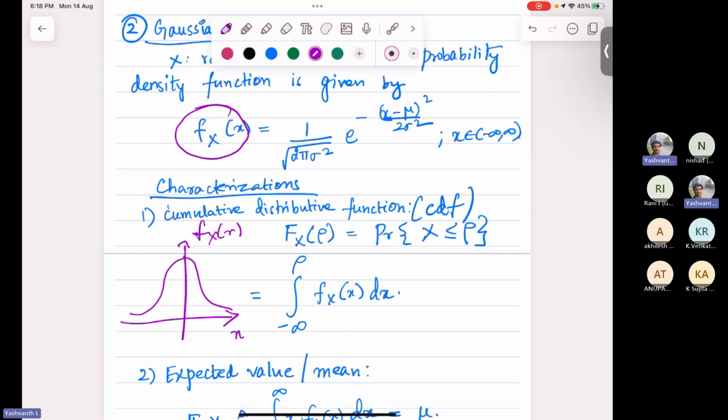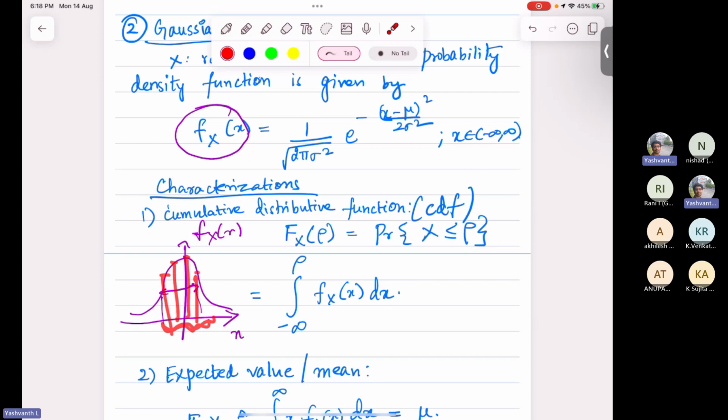Now, this main lobe tells that all the values within this interval assume a higher value of likelihood. The curve is very small outside, the y-axis is very small. But if you constrain your x values within this interval, the likelihood of any x occurring in this interval is very high.